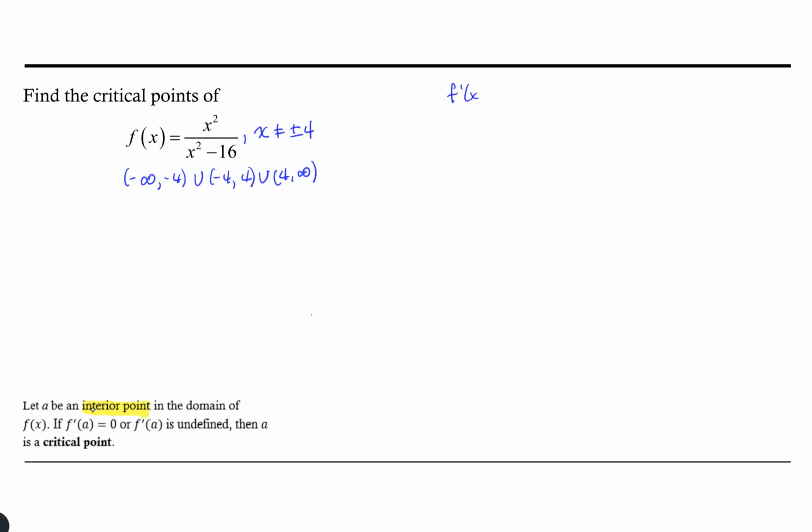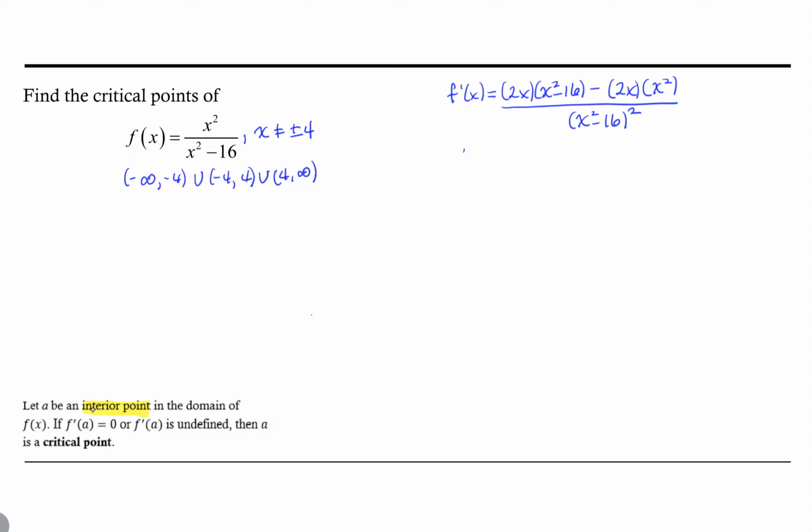So f prime of x is going to be the derivative of the numerator, so 2x, times the denominator, so x squared minus 16, minus the derivative of the denominator, that's 2x, times the numerator, which is x squared, all over the quantity x squared minus 16 squared.